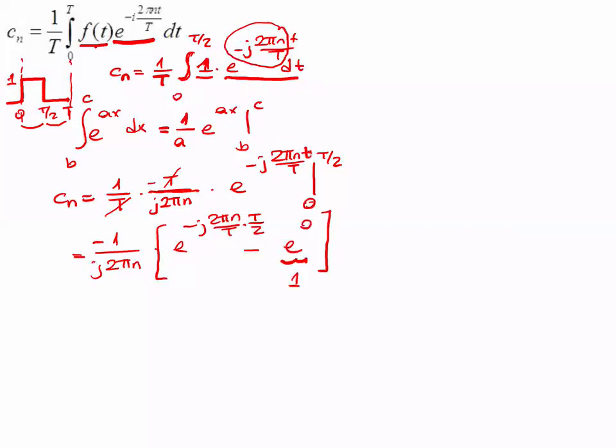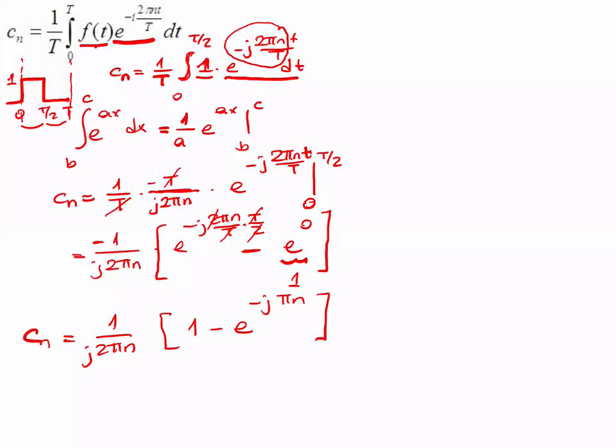The T's will go away, the 2's will go away, and finally I will have 1 over j 2 pi n. This minus will change this one into plus and this one into minus, so it will be 1 minus e to the power minus j pi n. Okay, this is Cn.